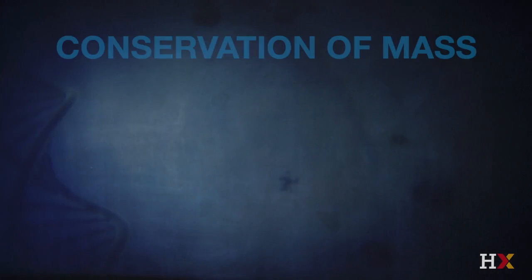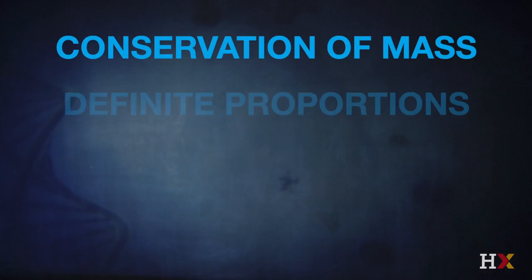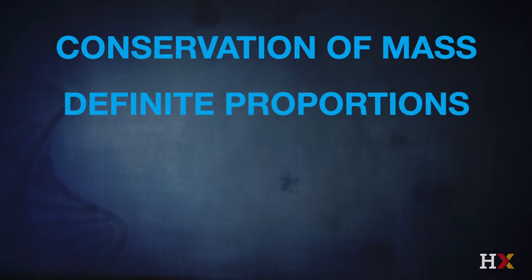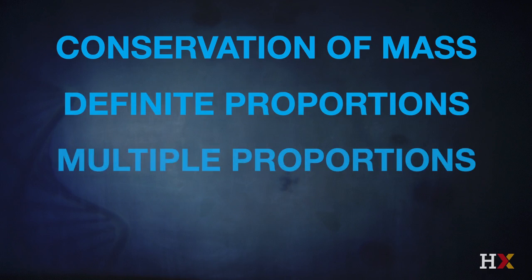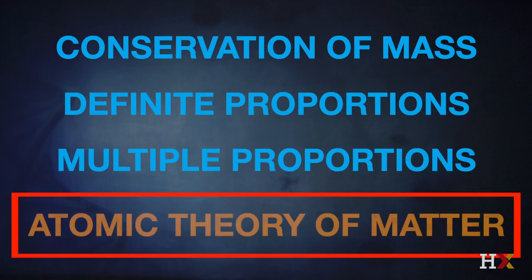work, Dalton drew together the concept of the conservation of mass and the law of definite proportions and the law of multiple proportions, and formulated the atomic theory of matter.